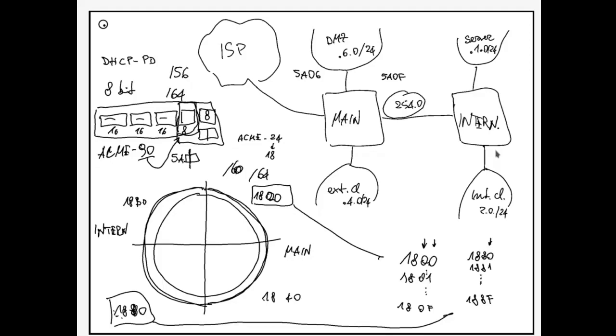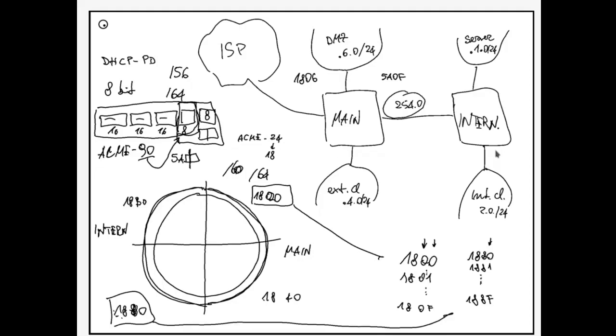Since we want to match the numbering in IPv6 with IPv4, for the DMZ we will choose the network 18.0 because it belongs to the main, 6 because it is the DMZ, and the DMZ has the 6 for IPv4.